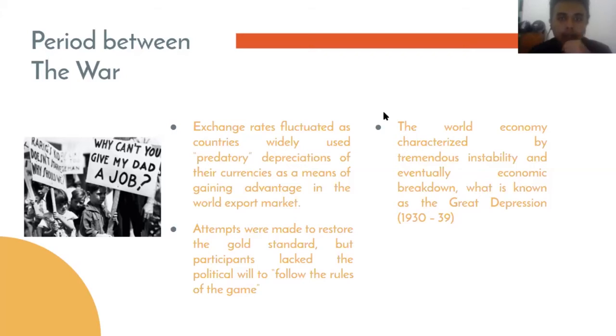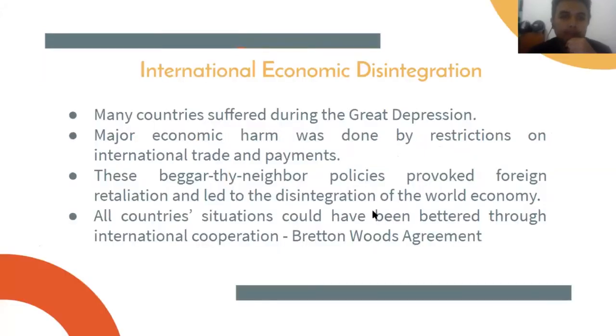The world economy was characterized by tremendous instability and eventually economic breakdown, which is known as the Great Depression, between 1930 and 1939. There was international economic disintegration during the Great Depression.